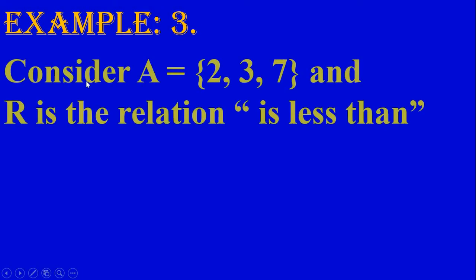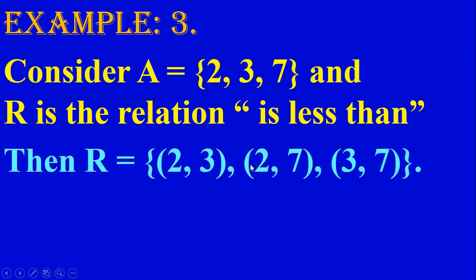Consider one more example. Consider A equal to {2, 3, 7} and R is the relation a is less than b. Now here 2 less than 2 is not possible, 2 less than 3 possible, 2 less than 7 possible, 3 less than 3 not possible, 3 less than 7 possible. So the relation is only (2, 3), (2, 7) and (3, 7). Now in this relation we have (2, 3) but (3, 2) is not there.